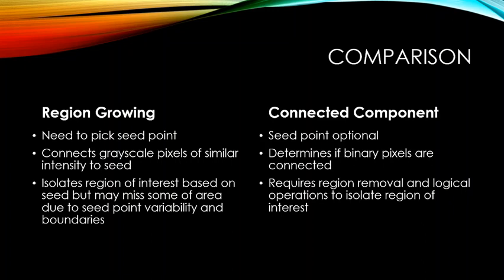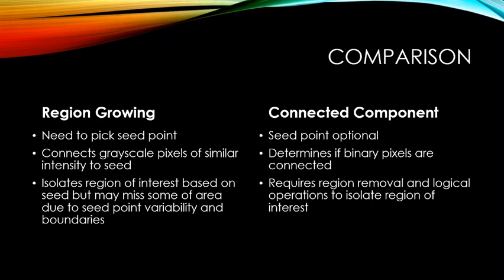Region growing isolates the region of interest based on the seed, but may miss some area due to seed point variability and boundaries. Something similar with connected component labeling is that it sometimes doesn't recognize components that may need to be connected to your main region of interest as well. So they're similar in that way, but I feel like connected component labeling has a better way of dealing with that problem.